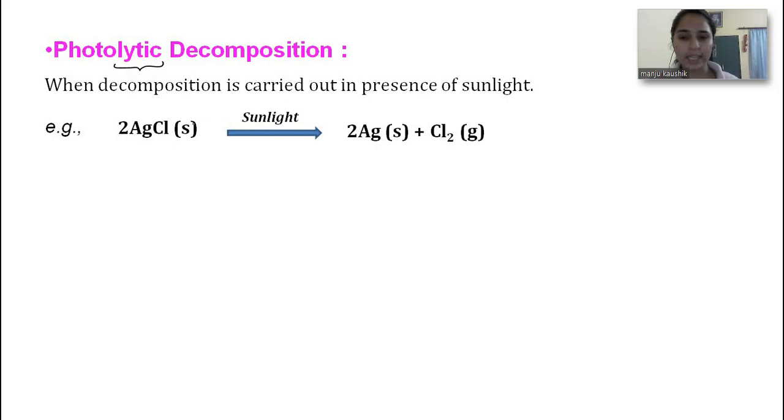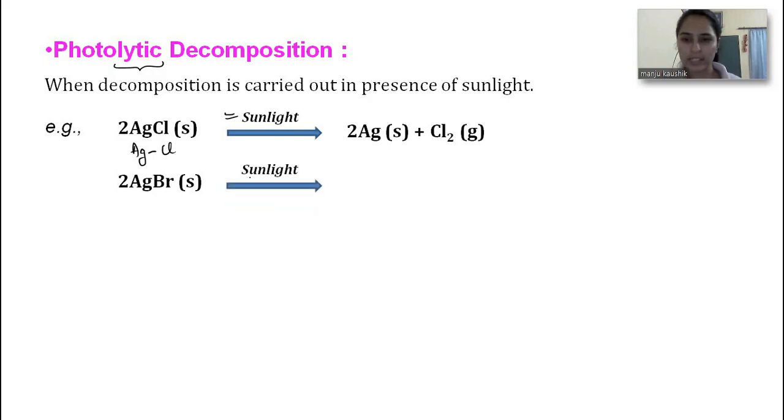So students, in this example, the energy which is required to break the bond of silver and chlorine is provided by sunlight. So sunlight provides that energy to break the bond between silver and chlorine, so that silver and chlorine can be released in the products. Let us see another example. Here it is, silver bromide.